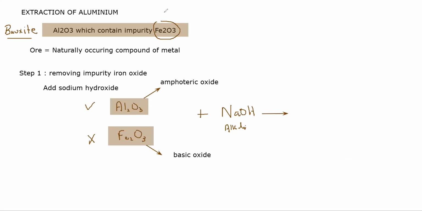Yes, aluminium oxide will react because it is amphoteric. Amphoteric means it can react with both acid and alkali. So aluminium oxide will react with sodium hydroxide to form sodium aluminate, a complex compound. A complex compound contains two or more different types of metals.